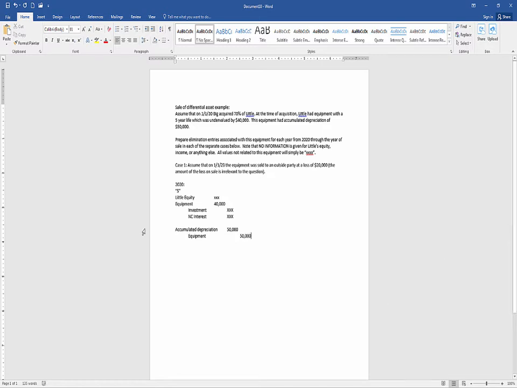Obviously, those 2 entries could be netted together. You could say, what I want to do is eliminate Little's equity. I want to eliminate the accumulated depreciation.